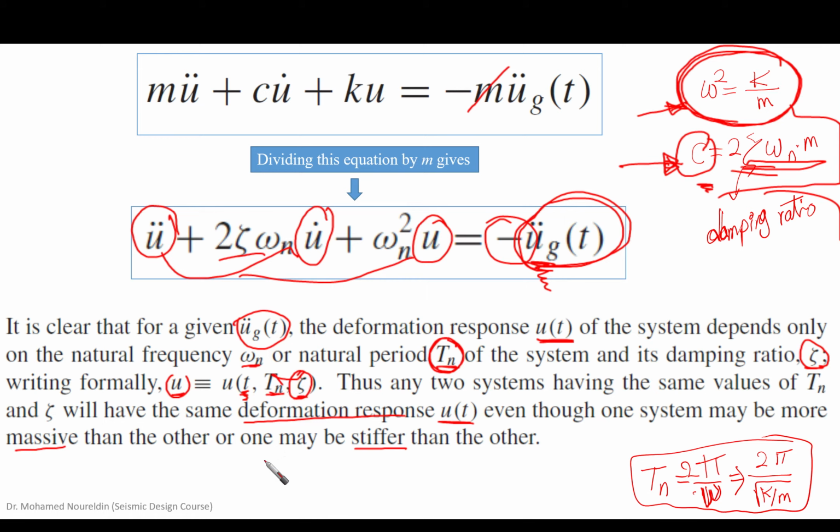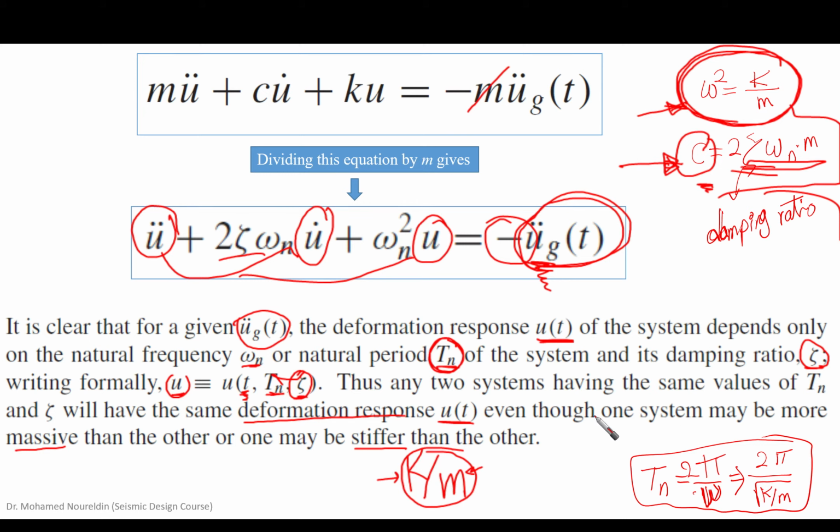But there is no direct relation between u and the mass and the stiffness. Actually this is not clear. We are dealing with the ratio k over m. This is our main concern here. We are not dealing with k only or m only, but u is linked to, or proportional to, k over m in a certain way.